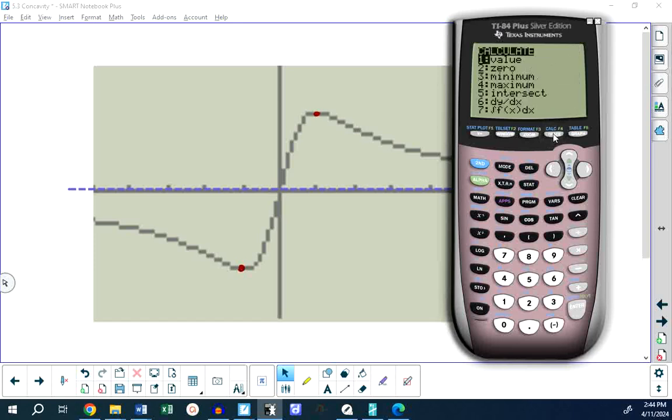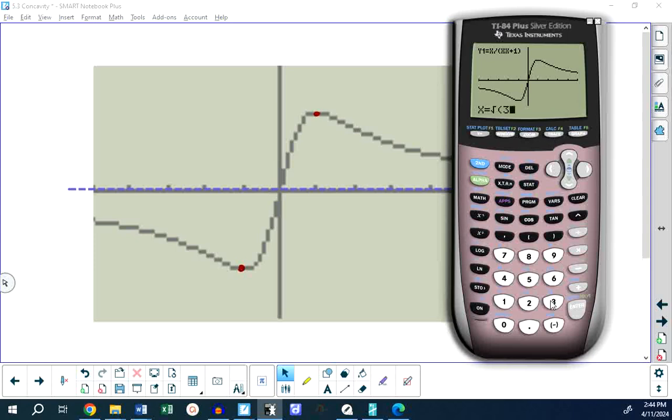If I go to my calculate menu and choose max, and scroll to the left of that point and then to the right, I get 1, 0.5. Those were the coordinates of the max. If I do that with the min, same thing. I want now to plot the point or trace the point root 3.